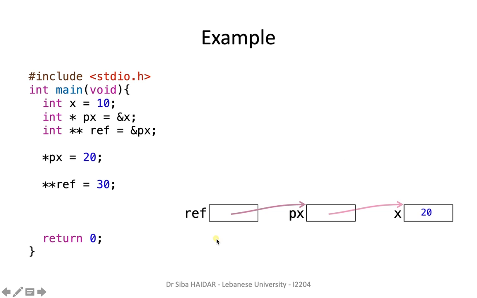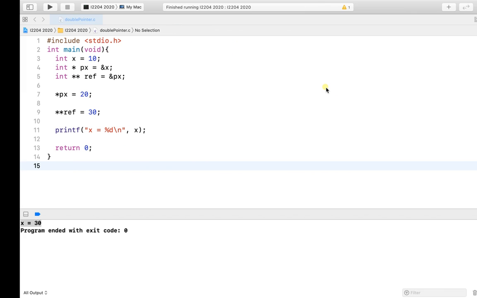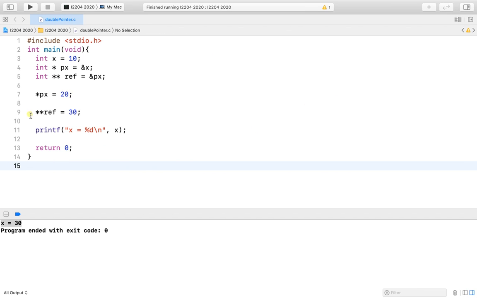So we will dereference ref twice, the first one to get into here, and then the second dereference to get into the x's value, and put 30. If we print x equal the value of x, now we will get 30. We go to the program and we can make sure that this gives us the value 30.